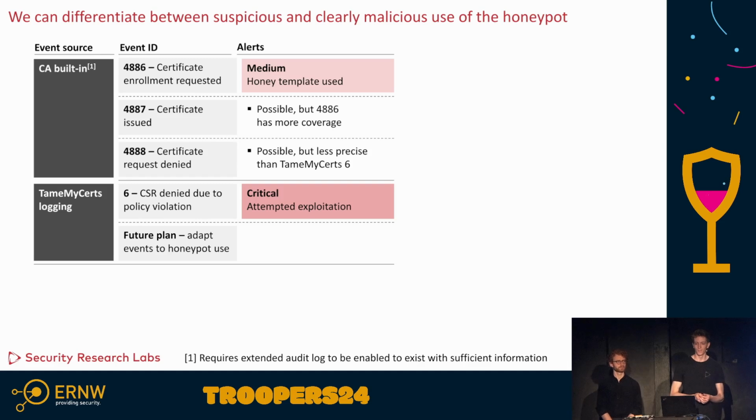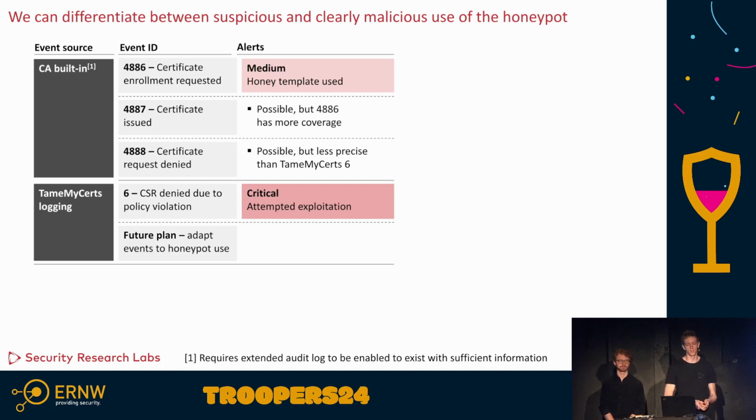So let's talk about alerting. So far we have implemented two different kinds of alerts. There are some built-in event sources in the CA, which you first have to activate by enabling the extended audit log, and then you get events that also contain the template that has been used. We can use that to create medium alerts whenever this honey template is used.